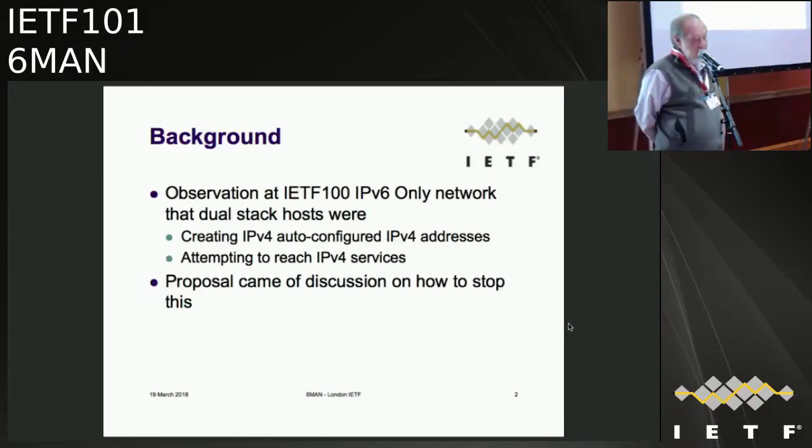So there was a discussion on the V6 list about this. I ended up with Brian Carpenter writing a draft to build a mechanism so that we could tell the host, in the right circumstances, that there is no V4 here and you can stop trying to do that.